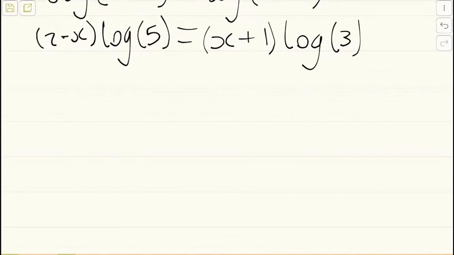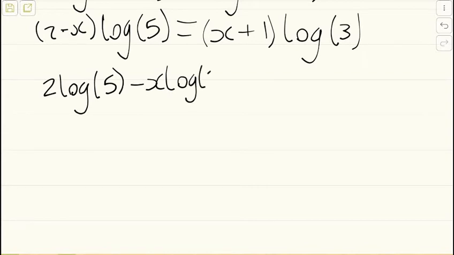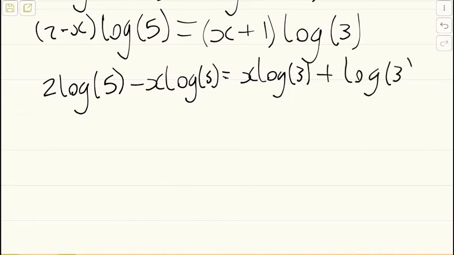Again, expanding both sides, I get 2 log 5 minus x log 5 equals x log 3 plus log 3. And then, again, I'm going to get everything with x's on one side and everything without an x on the other side.